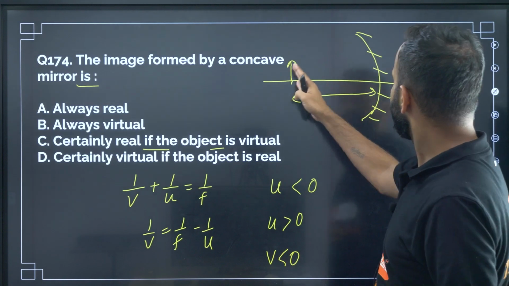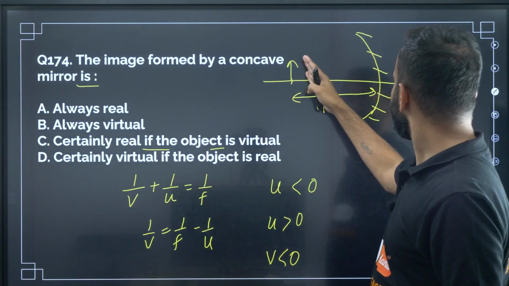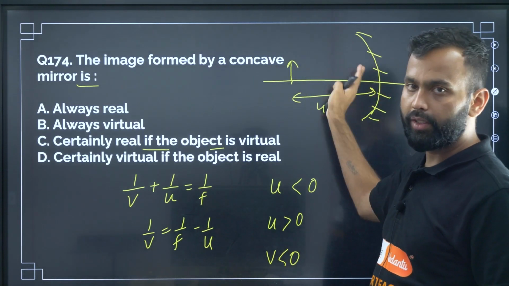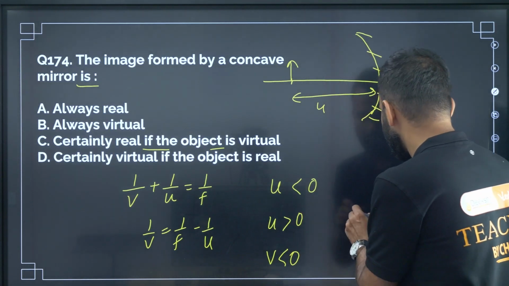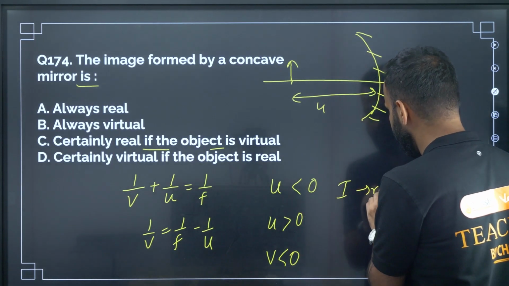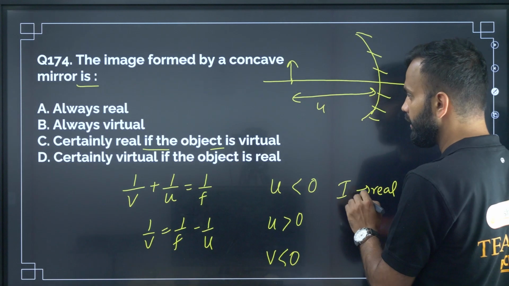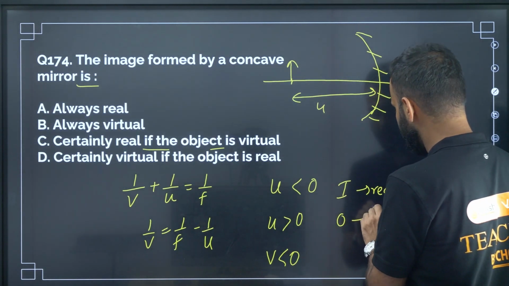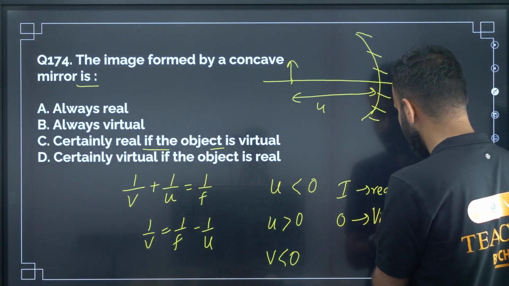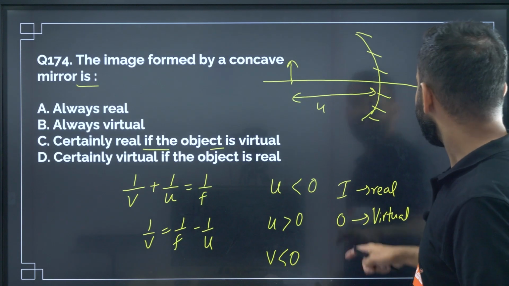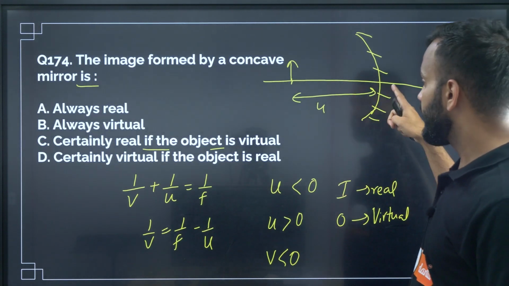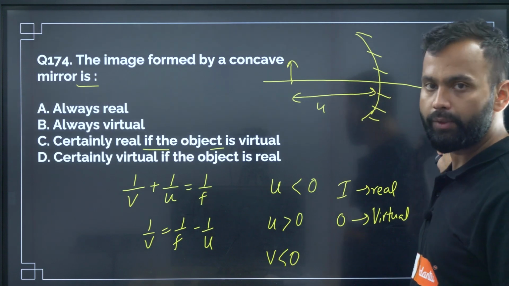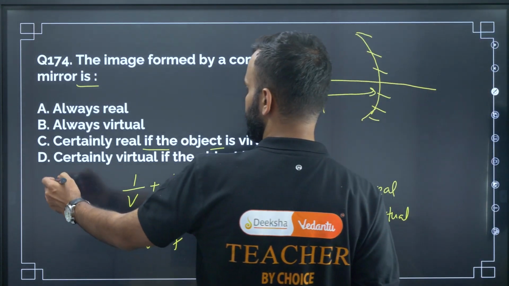That is, the image will lie in front of the concave mirror. So certainly the image is real and the object is virtual. From this we can conclude that a concave mirror certainly produces a real image if the object is virtual. So the correct option is C.